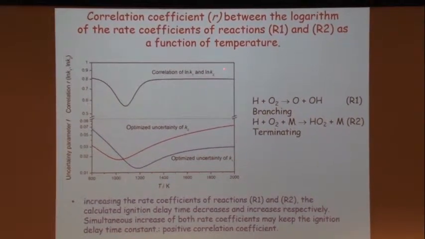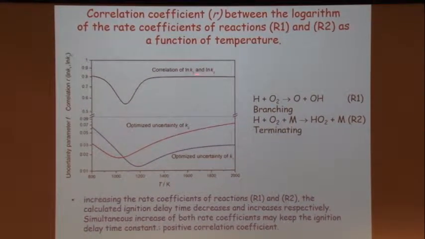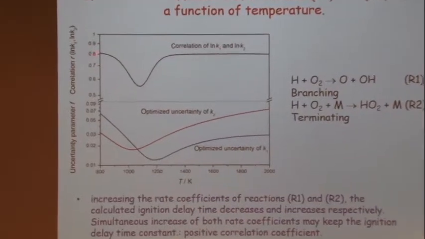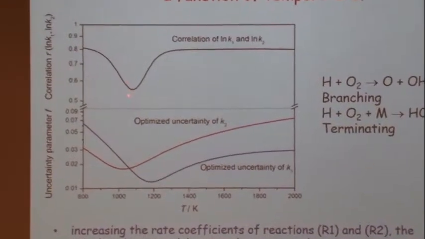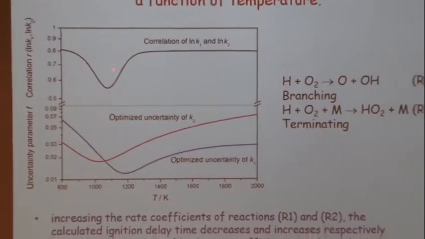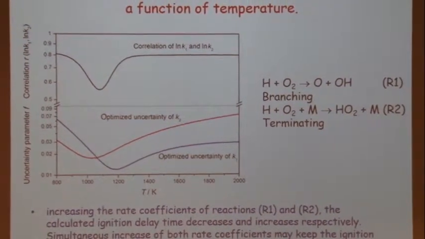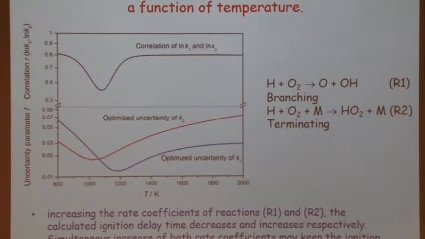And it turns out that the two rate coefficients are really highly correlated, correlations like 0.8, except at some little spot here at this temperature range, you can start to determine them separately. But otherwise, you really only can determine some linear combination of the two. And this is the general problem with a multi-parameter fit.